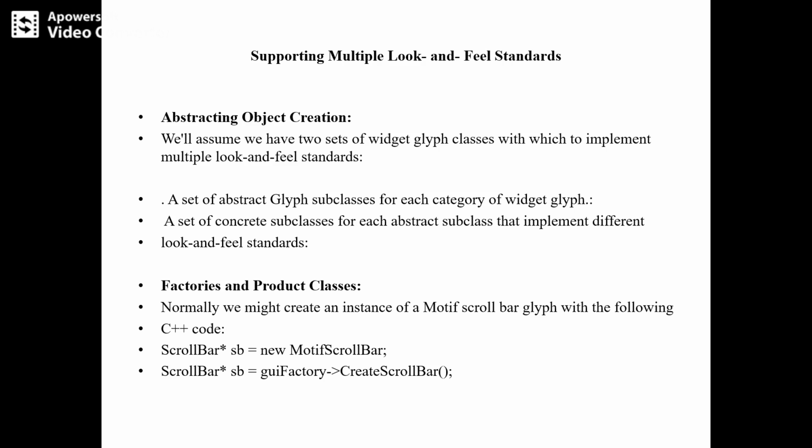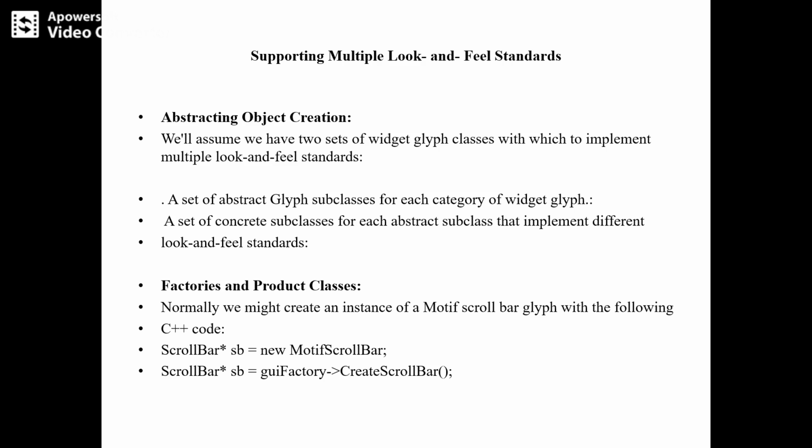Scroll bar star sb equals new MotifScrollBar. This kind of code we need to avoid if we want to minimize the existing look and feel dependencies.